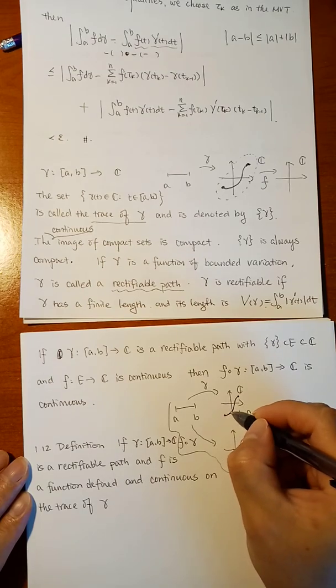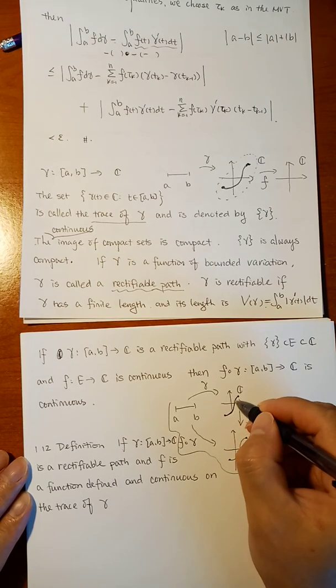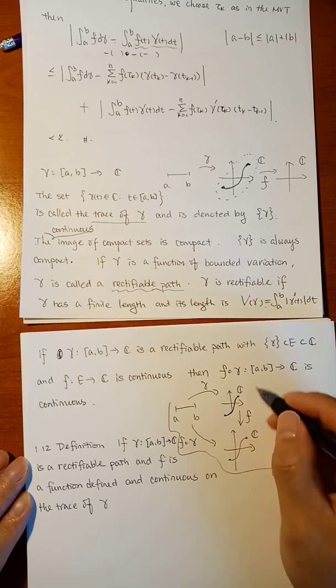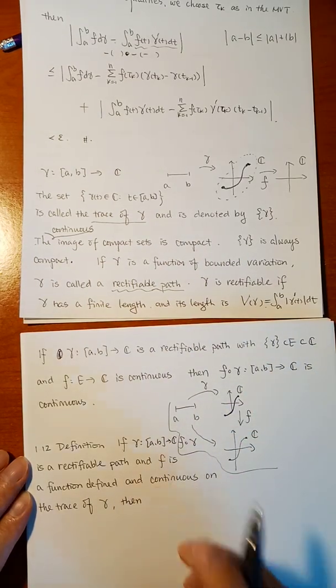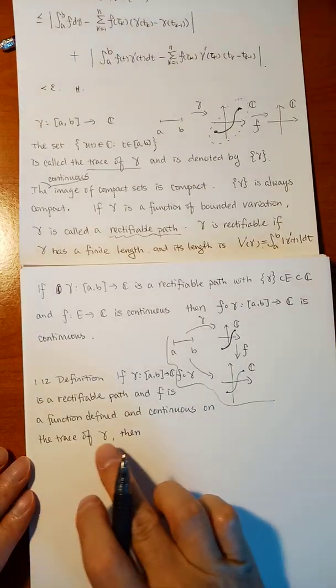So at least we need the definition of f over this image. Outside the image, it may or may not be defined. It doesn't matter, we don't use them. Okay, so continuous on the trace of gamma.